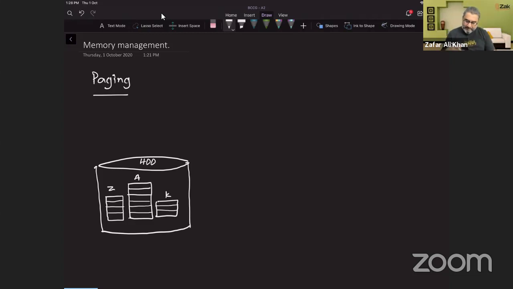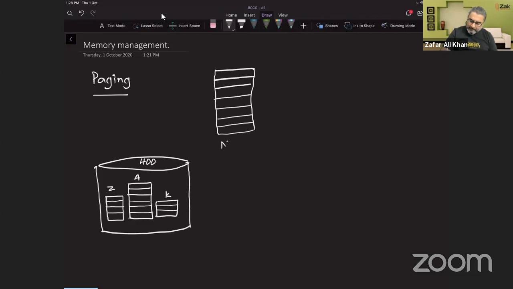So this is basically the physical memory. And on the other hand, we have got main memory. That main memory is also split up so that these pages from the logical memory are loaded into it. All right.